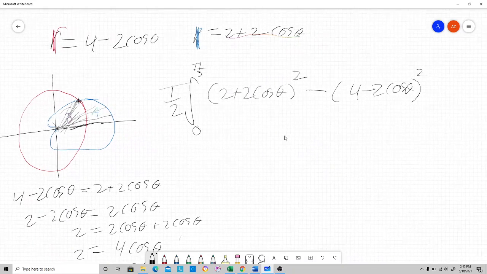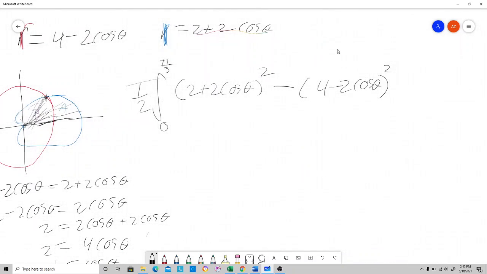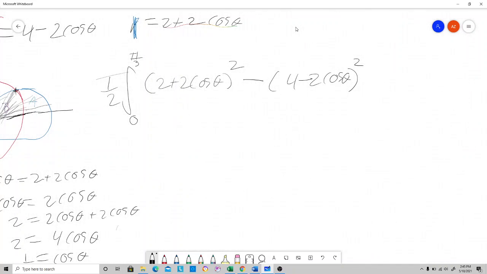Okay, so the most important part was setting up the integral. Now let's solve the integral. What I recommend is just expanding this whole thing.